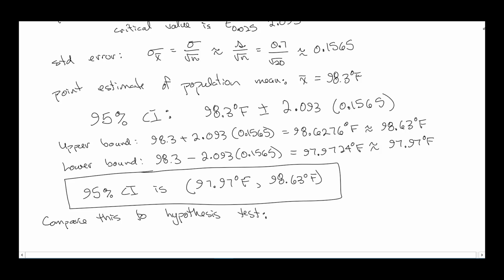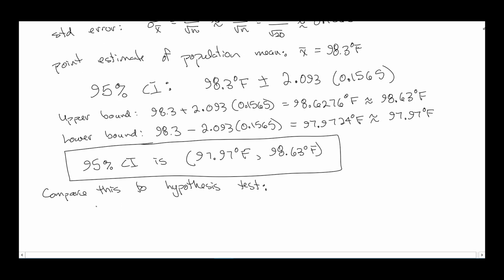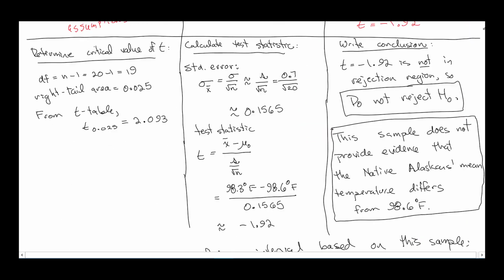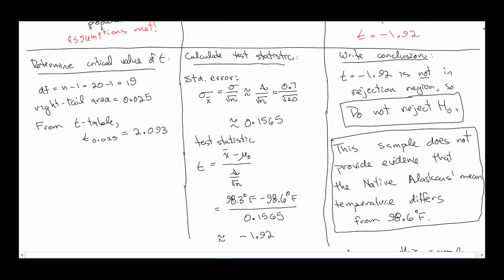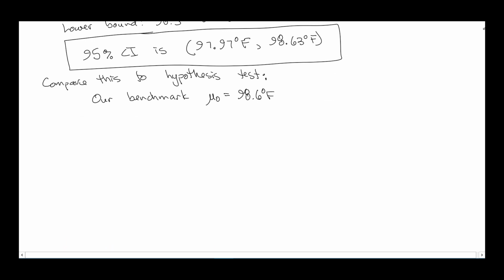So what you want to look at is our benchmark value, or our mu0, that we were comparing against in our hypotheses, that was 98.6 degrees Fahrenheit. Let me go back and look at our hypotheses. Where are our hypotheses? Right here, H0 and H1. Do you see how those are based on this benchmark of 98.6 degrees Fahrenheit? Okay, so that's what I'm looking at here.